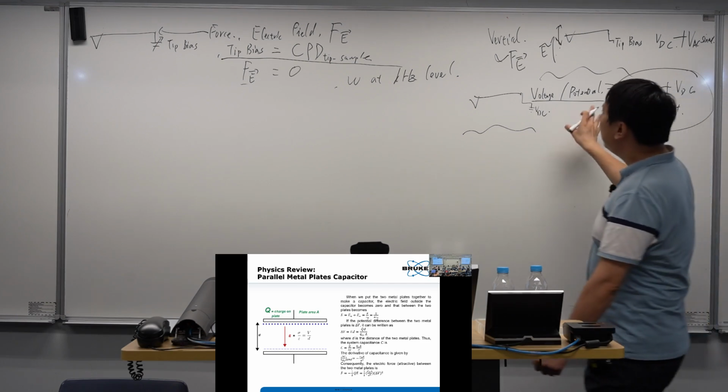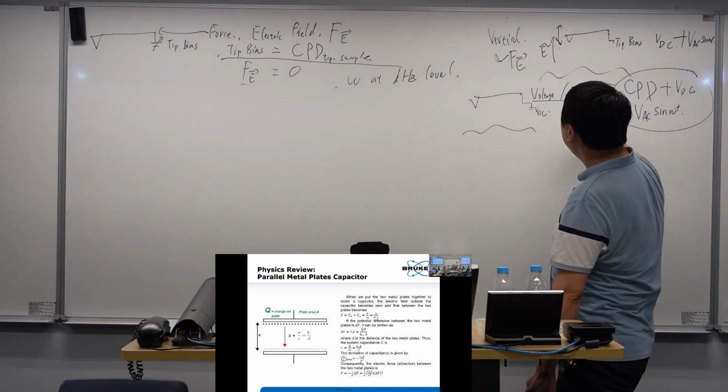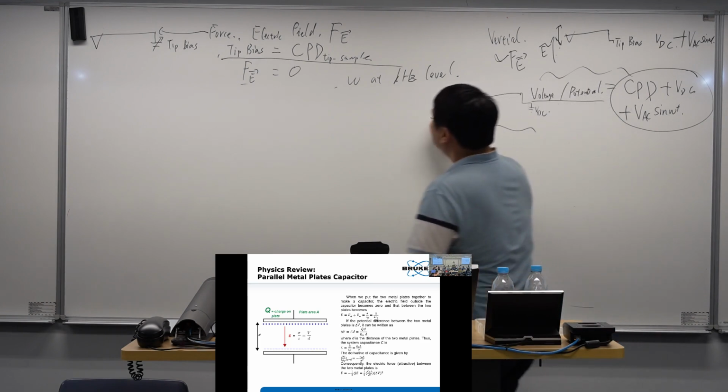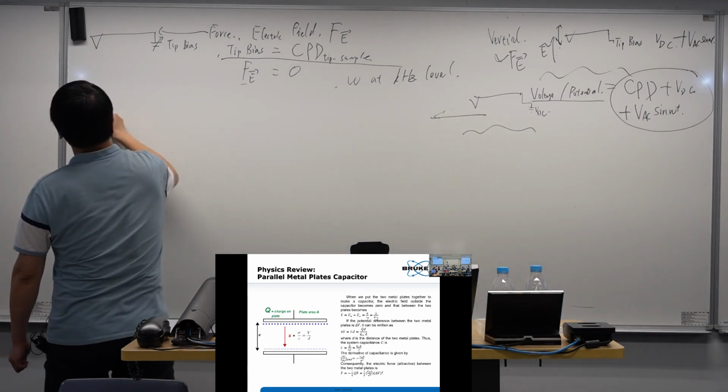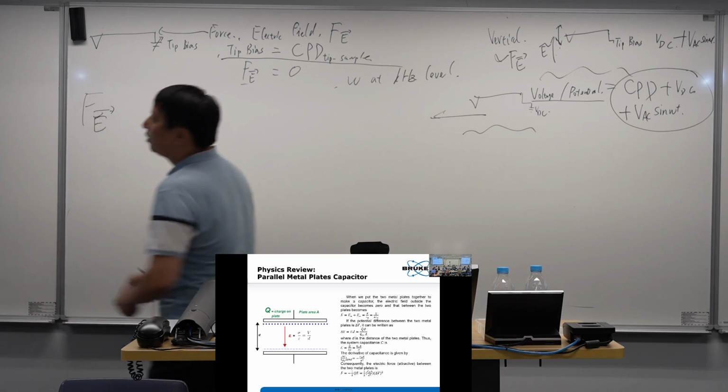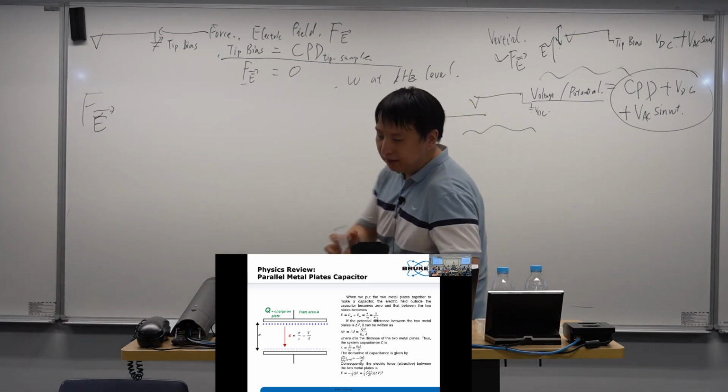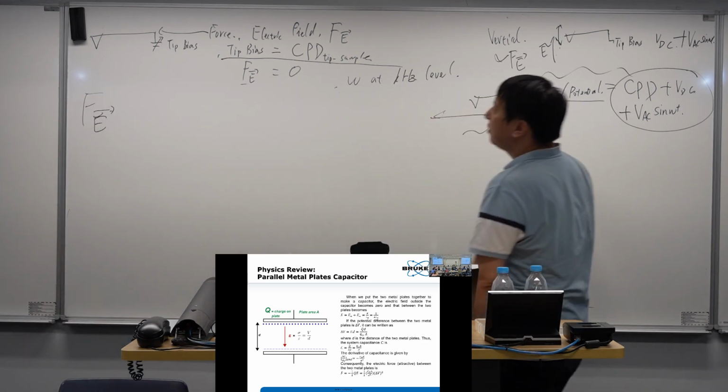Then I take a look at this field in this case. What's the electric field sensed by the tip? Okay, so how do we do that?